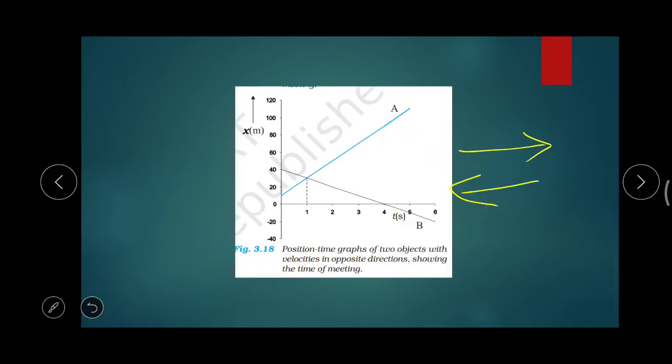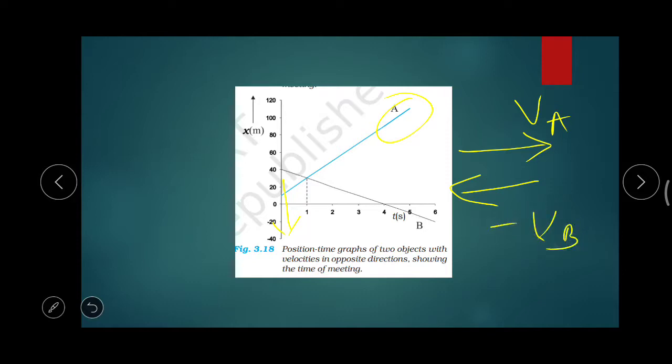As time increases the position is decreasing, so it is moving in the negative direction. In such cases also at some point they will meet each other. So body A is moving with a positive velocity VA and body B is moving with a negative velocity VB.